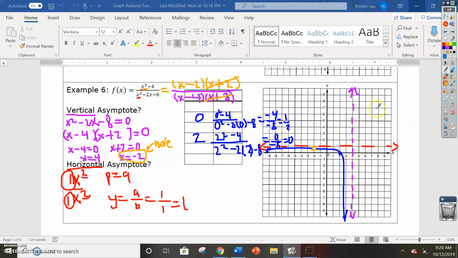Okay. Now I'm going to pick some more points so I know where the graph is on this side. I'm just going to randomly pick x equals 5. So that's 5 squared minus 4 all over 5 squared minus 2 times 5 minus 4. So that's 25 minus 4, which is 21, all over 25 minus 10 minus 4.